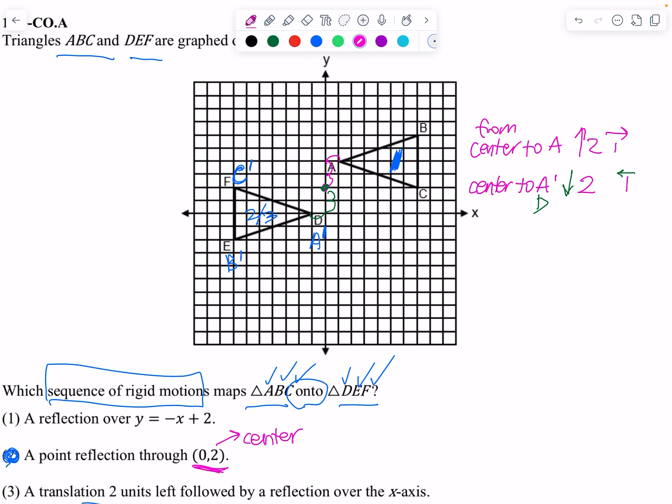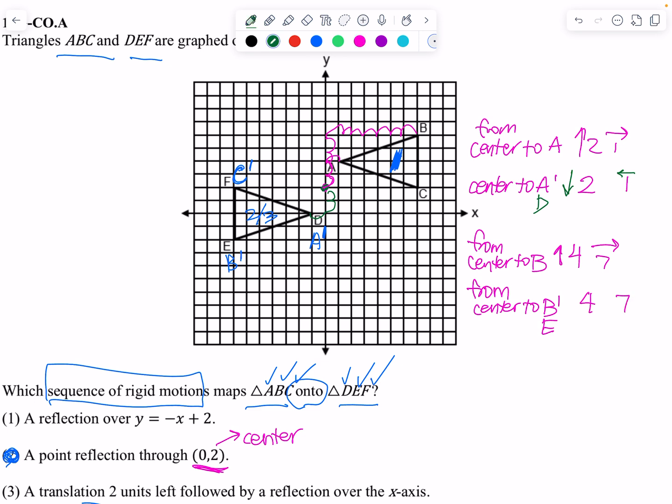Now let me continue. So from the center, I'm going to go to original point B, and how do I get there? It's up 1, 2, 3, 4. So it's up 4, and then we're going to go to the right 1, 2, 3, 4, 5, 6, 7. And so what we do is when we have a point reflection from the center to get to the new point, in this case B prime, or we call it E, we would use the same numbers but in the opposite direction.